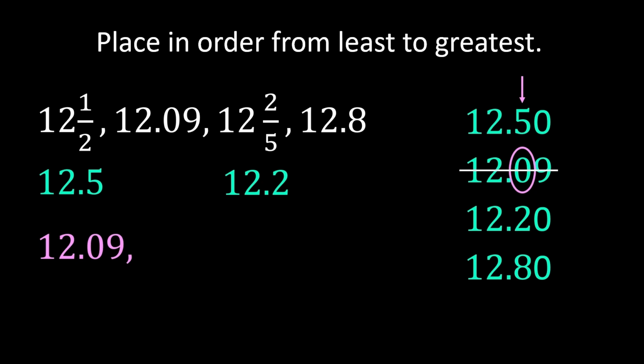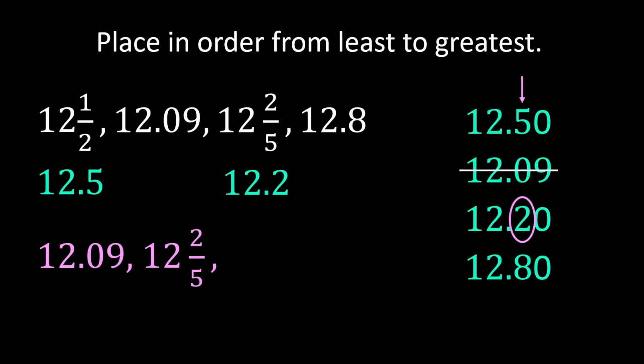Marking out the numbers or checking them off as you order them can be helpful, especially if you're ordering 4 or more values. The 2 is the next lowest value, so 12 and 2/10 will come next. 12 and 2/10 is 12 and 2/5 in decimal form, so when we put it in the list for our final answer, we need to use 12 and 2/5.